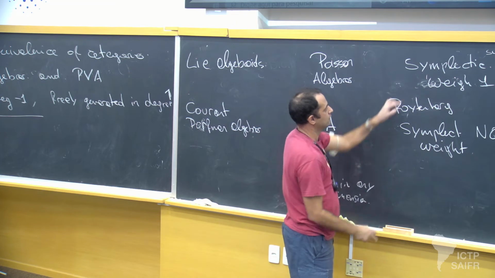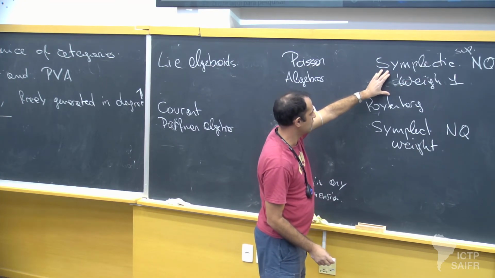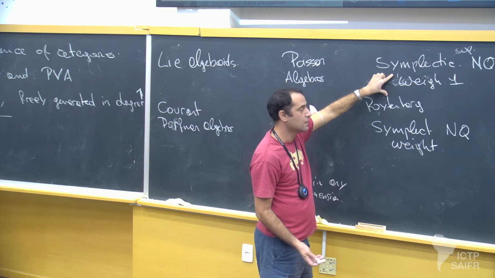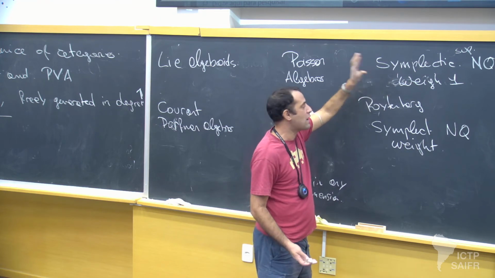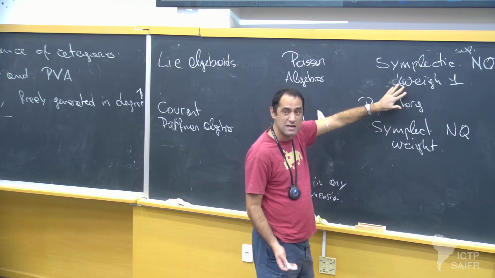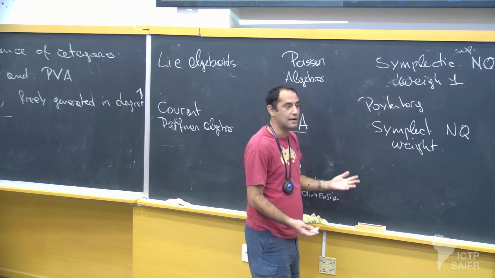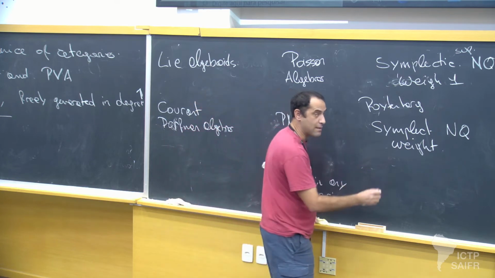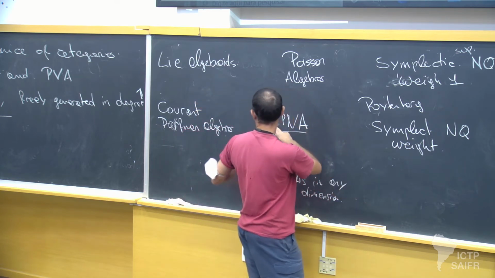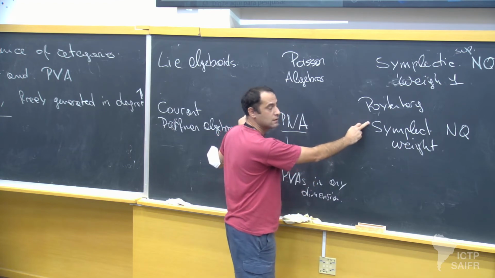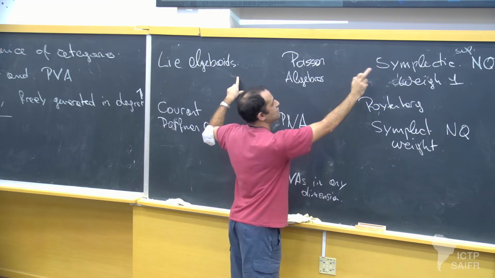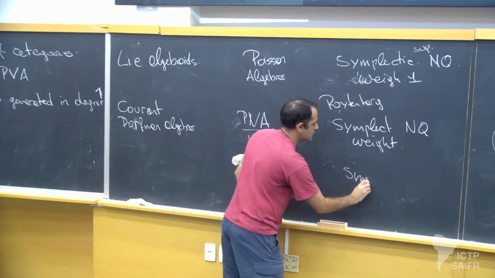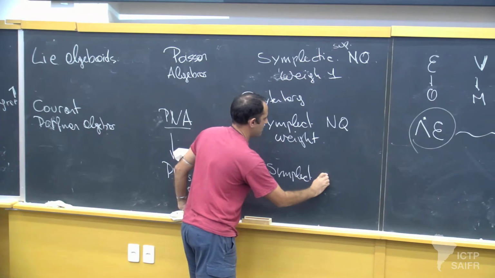This is mostly a comment for physicists: there is a canonical target, which is the AKSZ construction. AKSZ is an action that, whenever you give me a symplectic supermanifold of weight n, gives you a sigma model from manifolds of dimension n plus 1. So this is a sigma model from a 3-dimensional manifold to this, and this is a sigma model from a 2-dimensional manifold to this, and so forth. So there are symplectic supermanifolds.